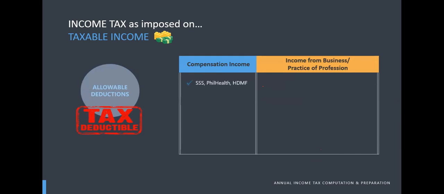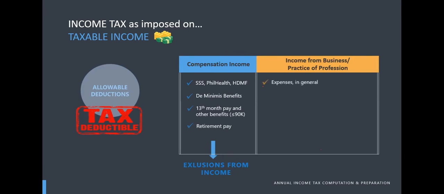So under the compensation income, we are deducting SSS, PhilHealth, and Pag-ibig contributions, as well as de minimis benefits, 13th month pay, and other benefits that are not more than 90,000, and retirement pay. So these deductions are non-taxable income. So meaning they are just exclusions from the income.